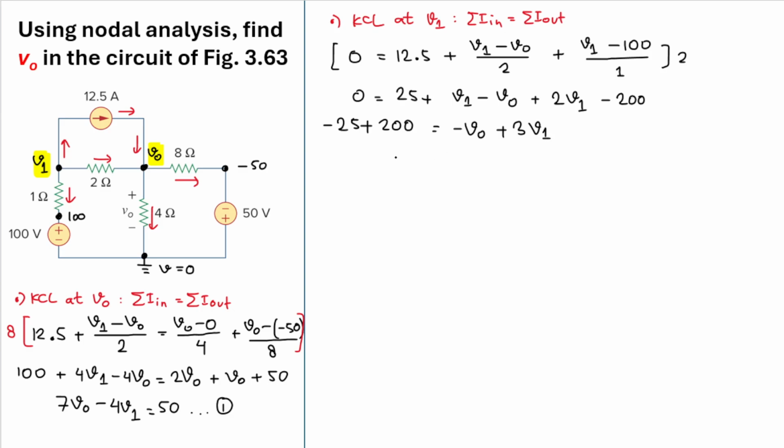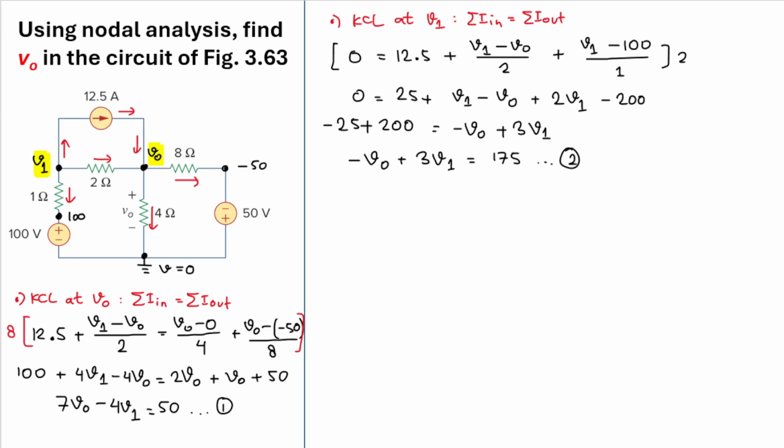Okay, and we will have minus v0 and then plus 3v1 is equal to 175. Okay. Now what can we do from here? Let's save this as equation number 2, right?